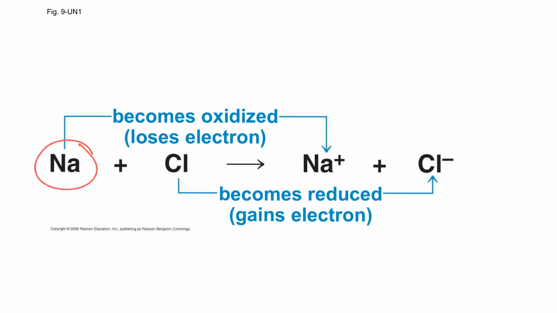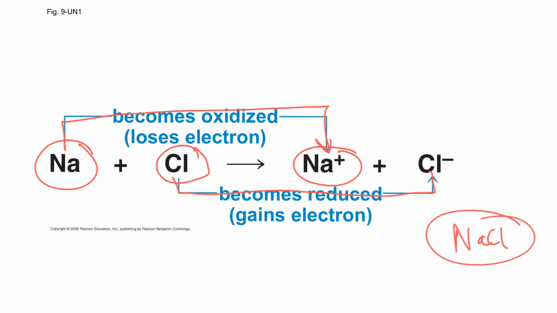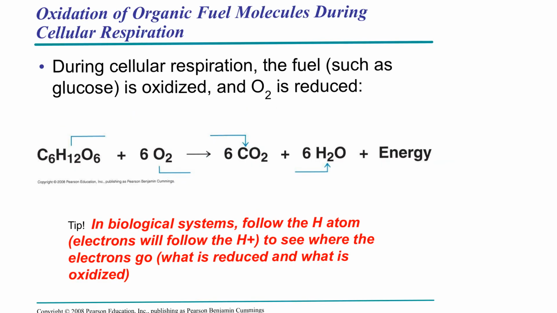So here is sodium. What happens to sodium? Sodium loses an electron and becomes sodium ion. Here is chlorine. Chlorine gains that electron that the sodium lost. And it would form, of course, sodium chloride, the ionic substance that we know as salt.